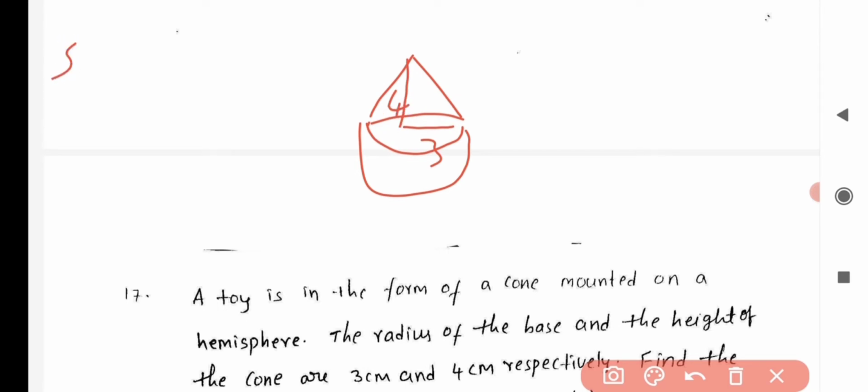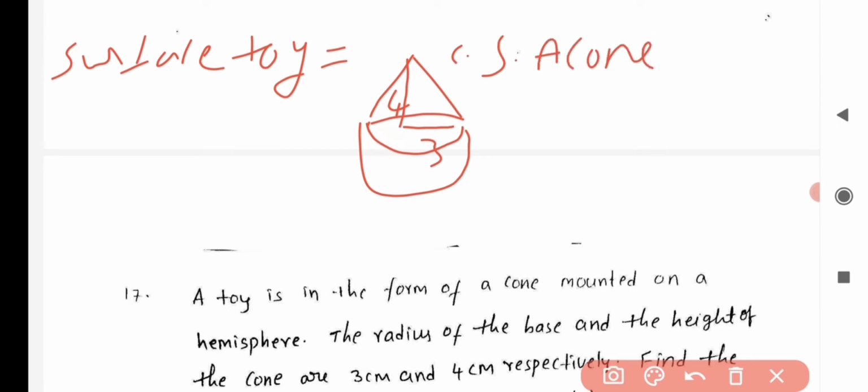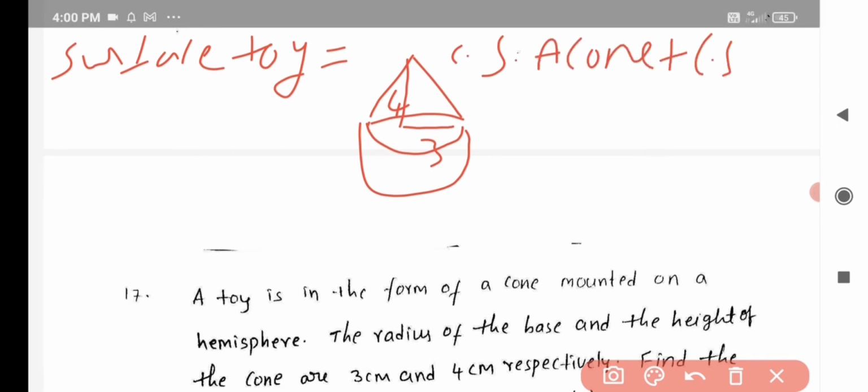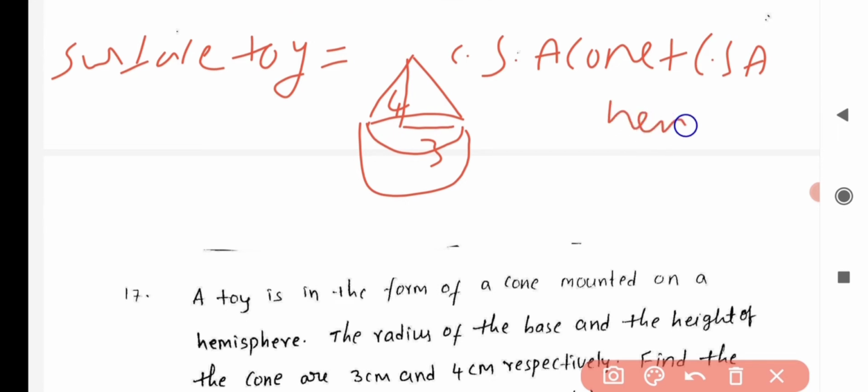Surface area of the toy means CSA of cone plus CSA of hemisphere. So CSA of cone means what? Pi r l, plus CSA of hemisphere 2 pi r square.